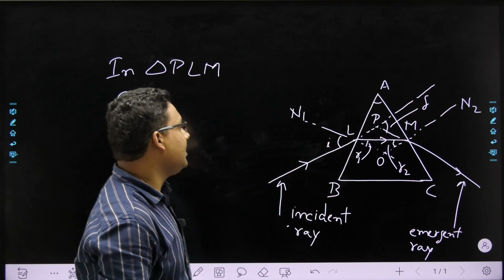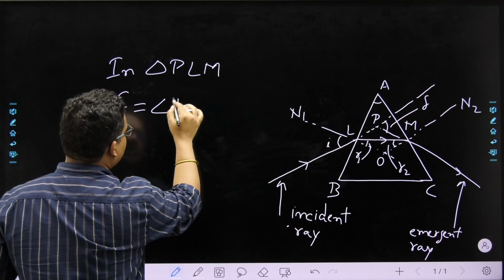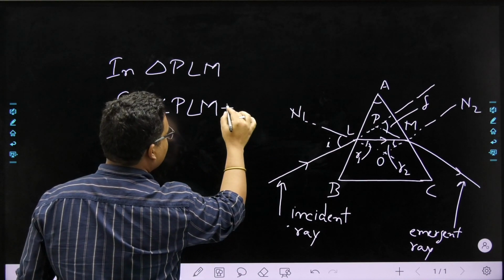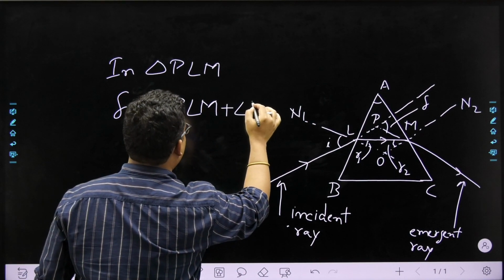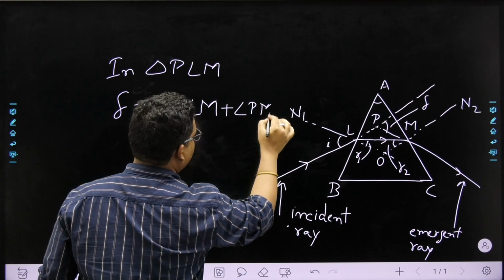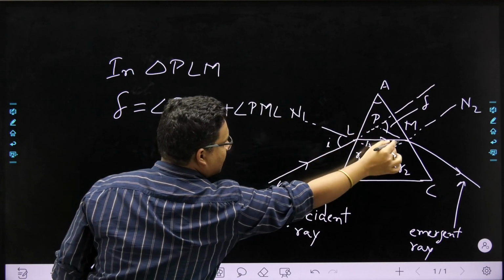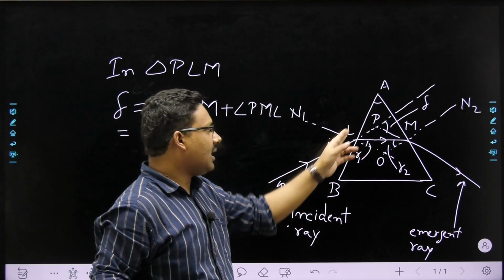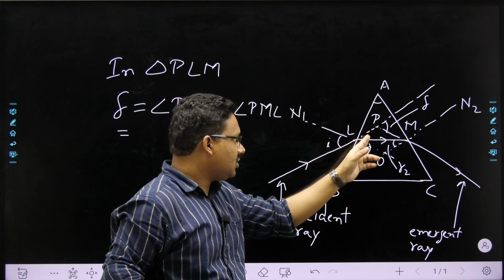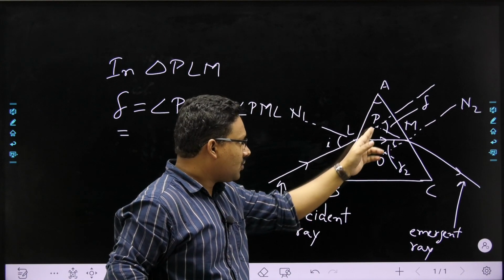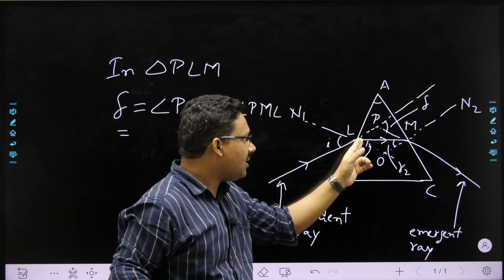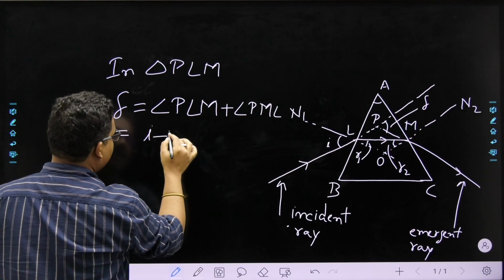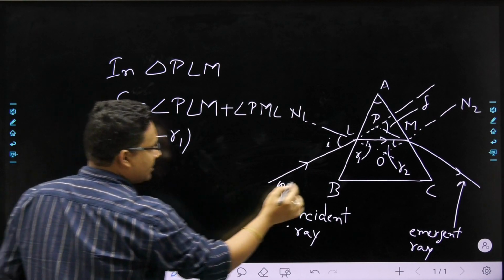So delta will be equal to angle PLM plus angle PML. What is angle PLM? The total is I, so angle PLM is going to be I minus R1. Why is this angle also I?